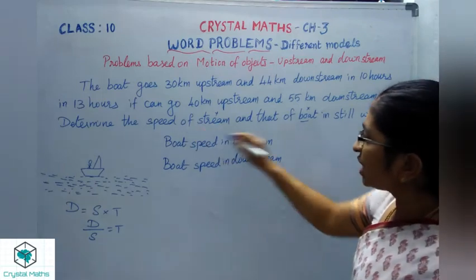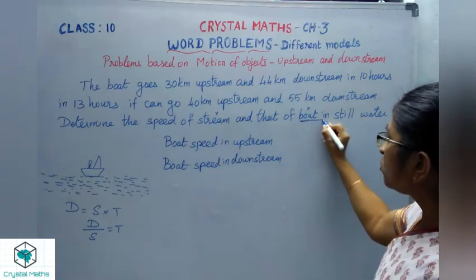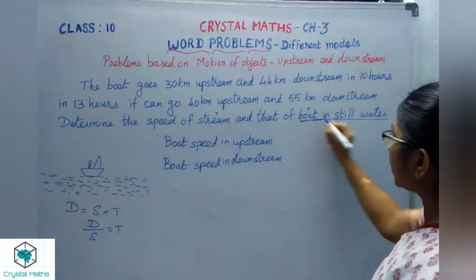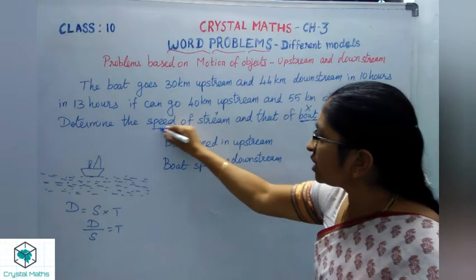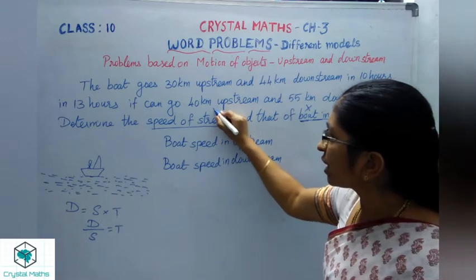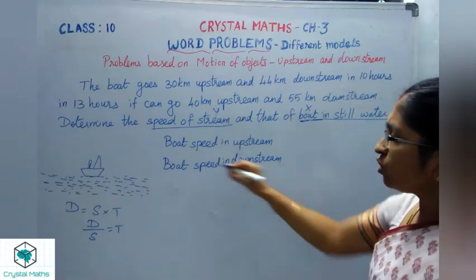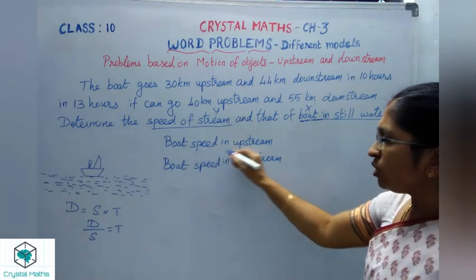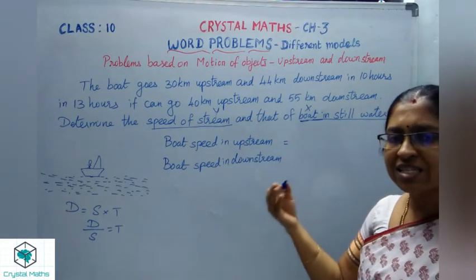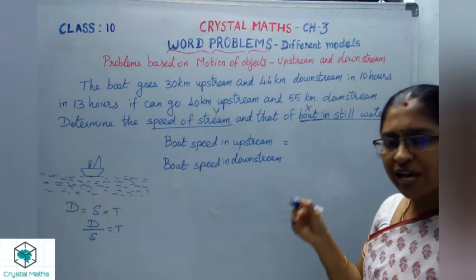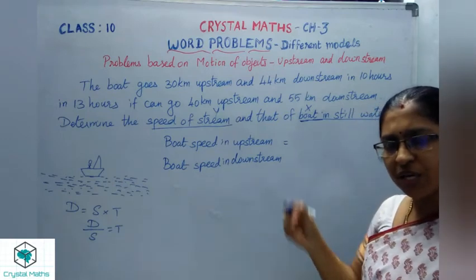So, let us take the speed of the boat in still water as x, and the speed of the stream as y. The speed of the boat in upstream: upstream means it is going against the speed of water, so naturally the boat speed will be reduced.